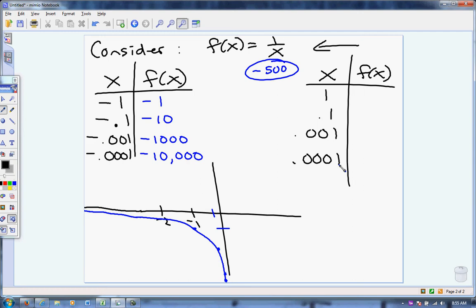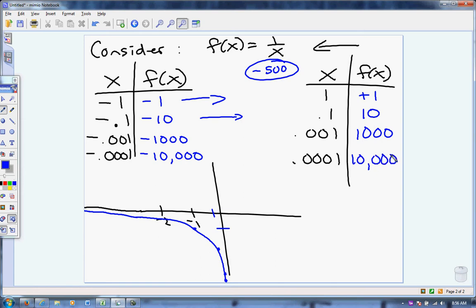Right? Because now I'm still plugging in the same x values, but they're positive. So if I go from the right, instead of negative 1, it will be positive 1. And instead of negative 10, it'll be positive 10, then positive 1,000, then positive 10,000.